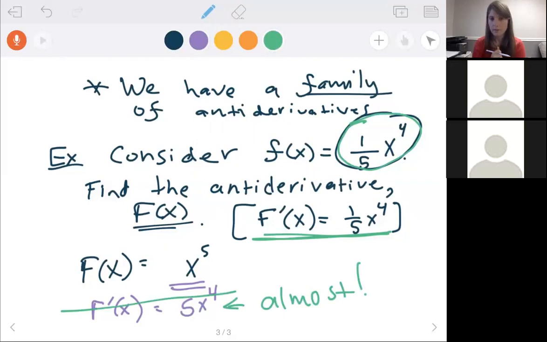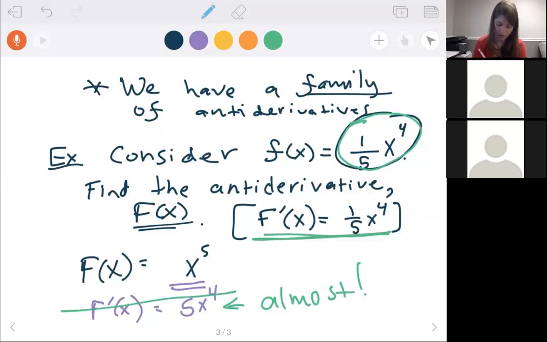Dividing by 5 would give you a 1 x to the fourth. Dividing by another 5, another multiple, would give us 1/5. So what it's really telling us is divide by 5 twice, or 1 over 25. Let's consider that for a second.